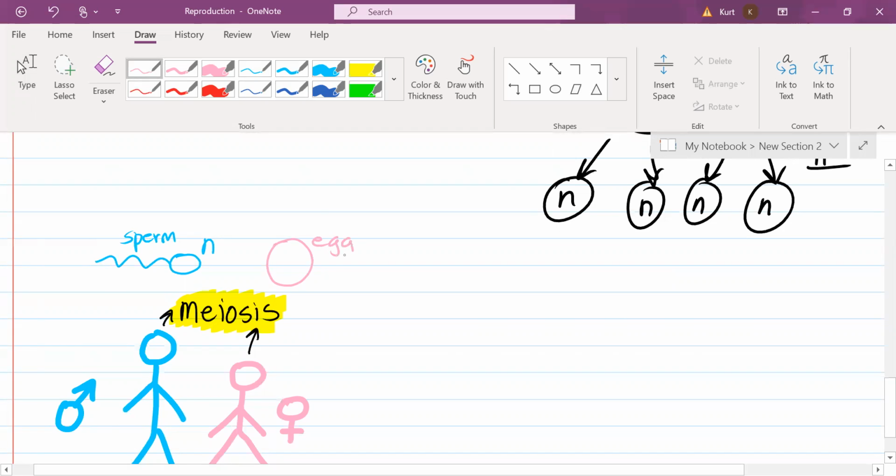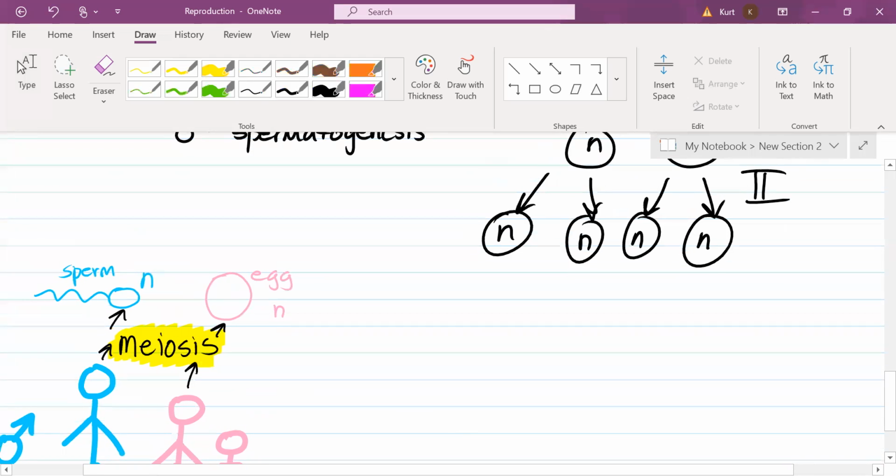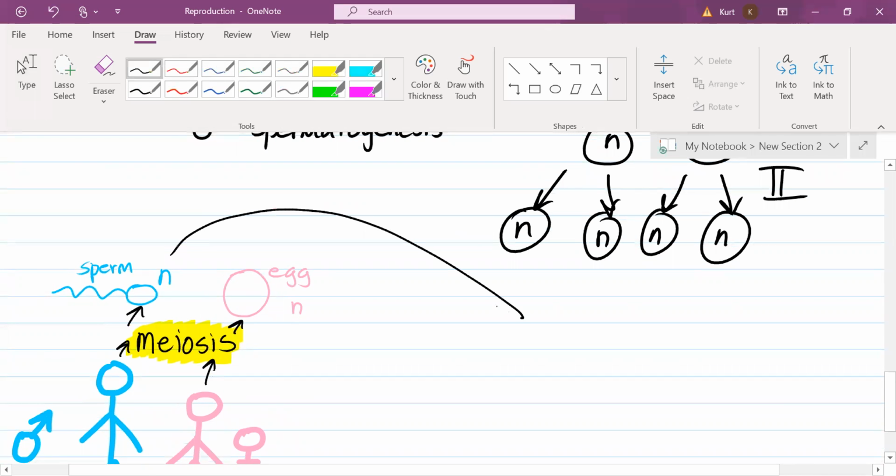And the egg cell is also haploid. Okay? So that's going to be through the process of meiosis. So let's say that his sperm fertilizes her egg and they come together. Boom, right there. We call that fertilization.